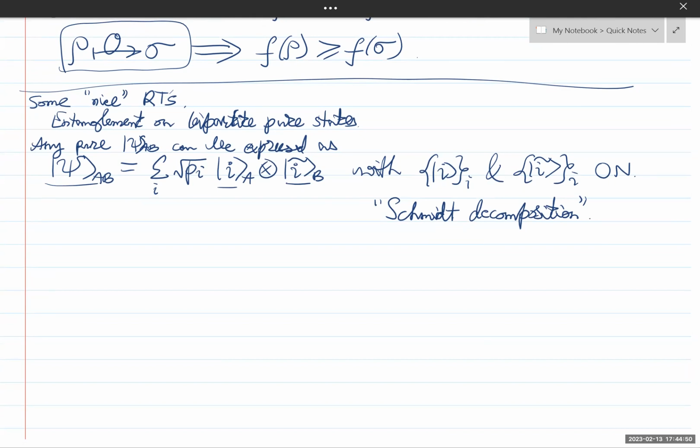And that's really handy because it turns out that if you have two pure states, this vector P is called the vector of Schmidt coefficients of psi.